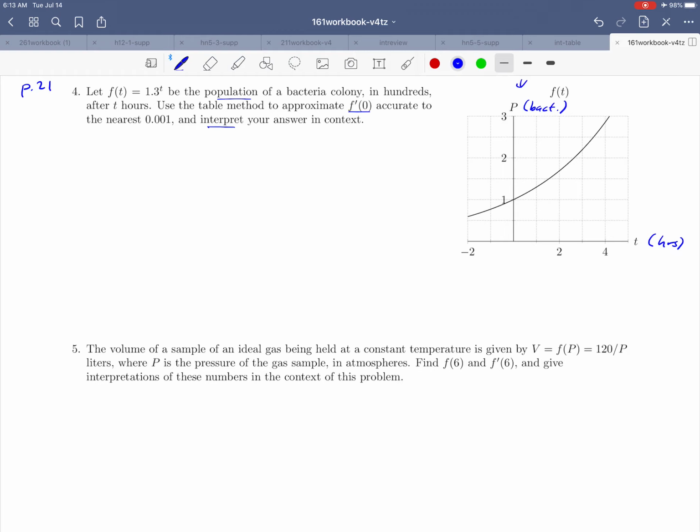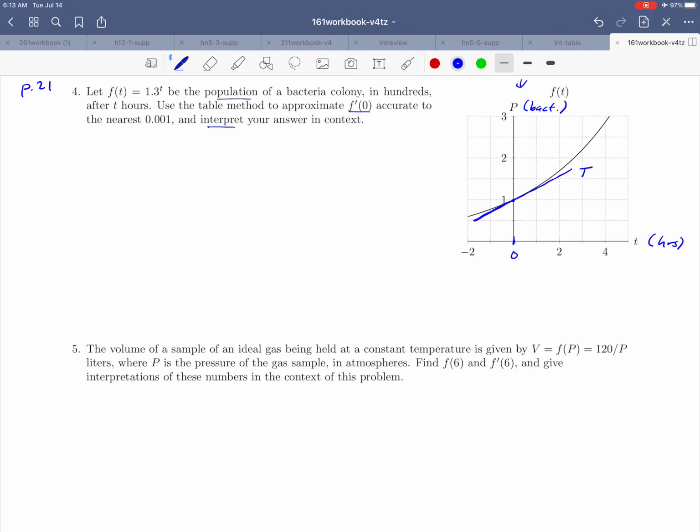And this f prime of 0, remember, that's notation for the derivative. The derivative graphically is the slope of the tangent line. And in our case, the slope of the tangent line at 0. I'm just going to draw in that line, and label it. So graphically, what we're being asked to estimate is the slope of that tangent line.